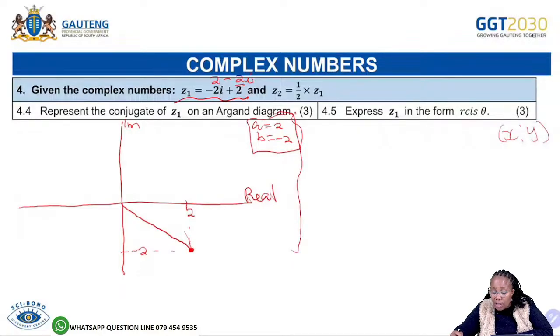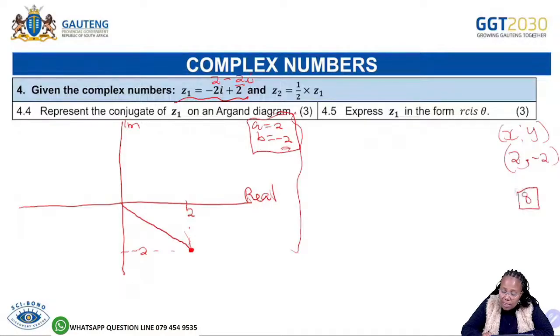Press that button, it indicates a comma on your screen, and then put in the negative 2 value, which gives you the B value. So now on your calculator you must have 2 with that comma and the minus 2 like that. Then you press shift, second function, and then you press 8. On top of the 8 button, it is written R theta. This will give you the modulus and the argument values, okay?